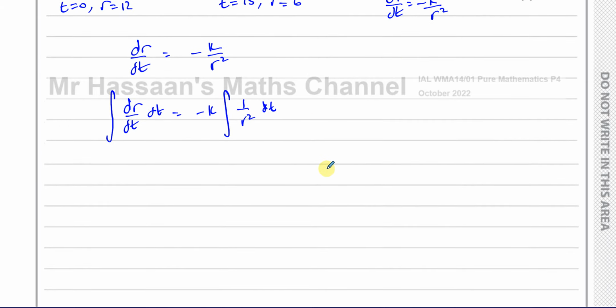Now these will cancel out, and I can separate the variables. The r's go on the side of dr, so this will say r squared with respect to r equals, and the t's on the other side. There's no t term, so there's just a 1 there. So you have minus k, with the constant outside, times 1 with respect to t.